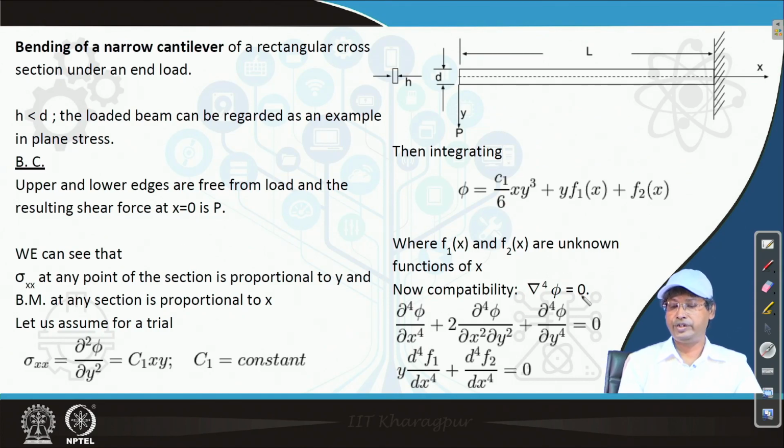Now, the compatibility is satisfied, there is no doubt, but to satisfy this, we get one more relation in terms of f1 and f2. If we carry this out term by term, I could explain again the way I explained earlier, but better you try once.